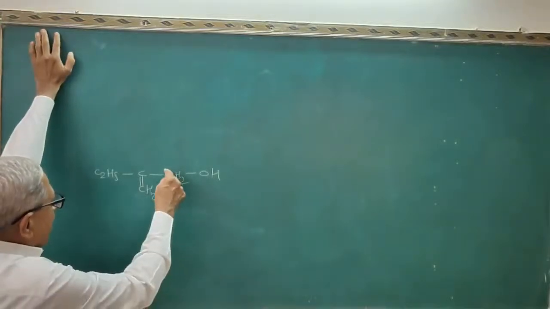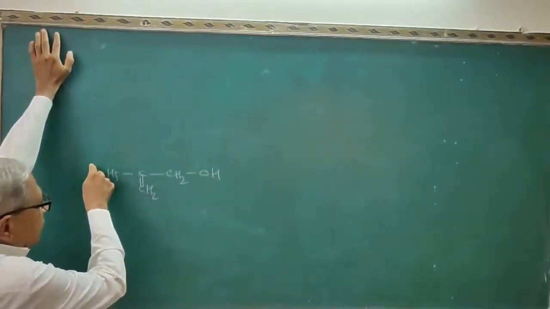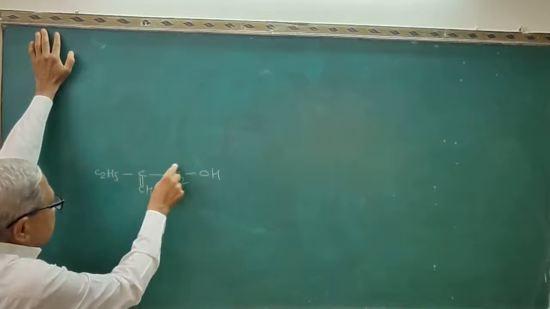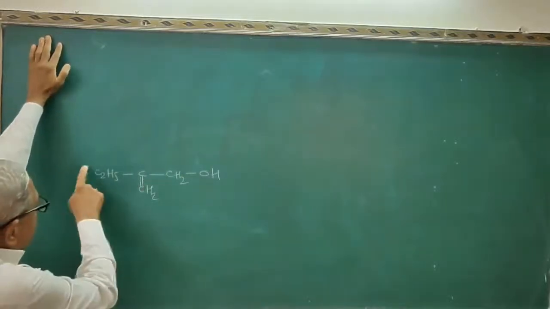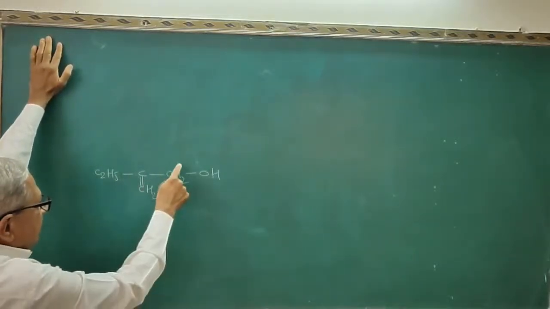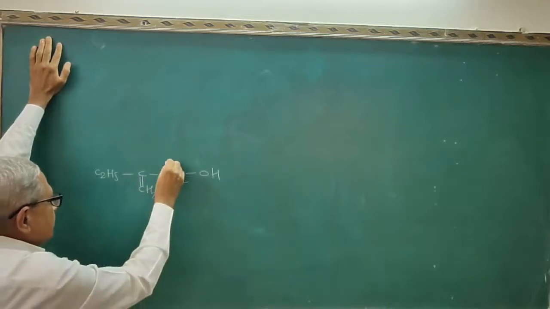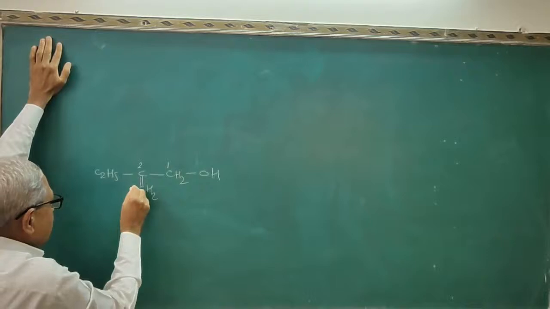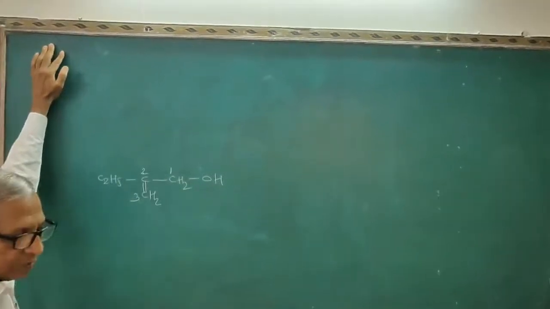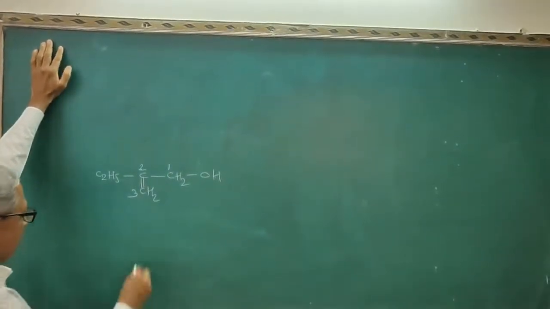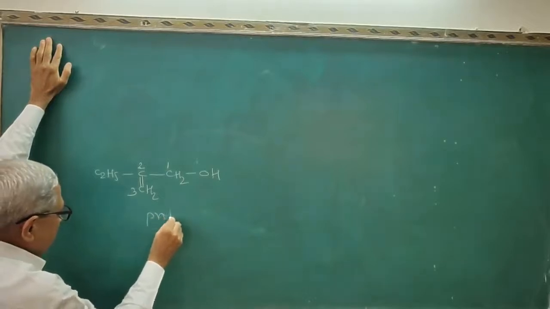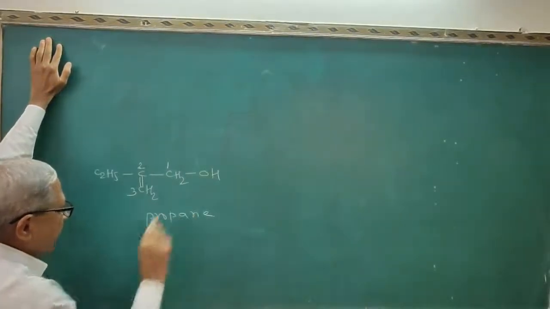Now see here, 1, 2, 3, 4. You cannot select this chain because it does not contain the carbon-carbon double bond. The chain should be like this: 1, 2, 3. So this is the correct option here. It contains 3 carbon atoms, therefore it is a derivative of propane.